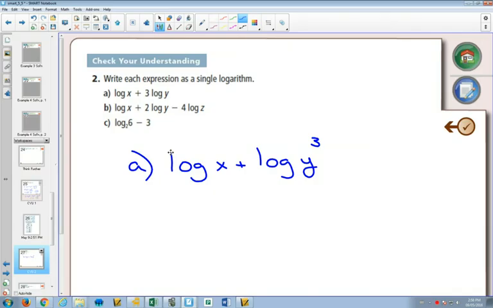With that 3 in front, I can't use my adding log law, but it can be put in as an exponent, because that's our power rule for log laws. Now I'm adding a log plus a log. That's the same as multiplying. And now we've written it as a single logarithm.